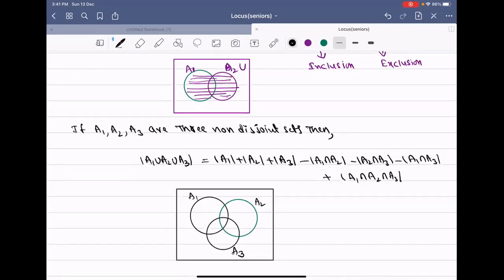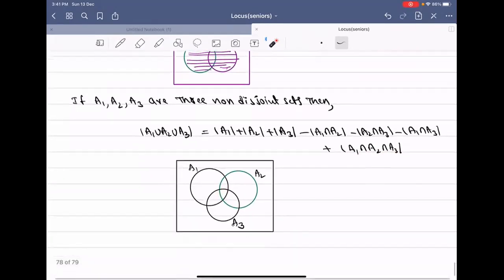While subtracting these, the central part A1 intersection A2 intersection A3 vanishes, so to balance it, you add this one.